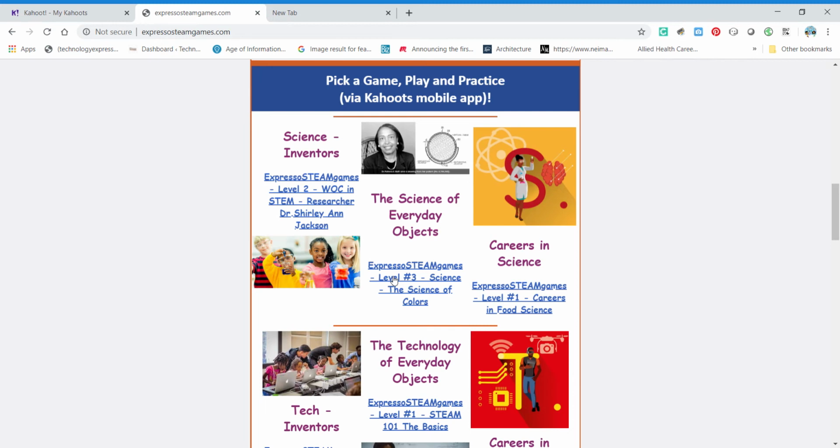But the pre-K, parents have had to be creative to find things to keep them occupied. And this is one of the ways that parents have taken advantage of the Kahoots platform and our library of games for the pre-K. So a new newsletter will be coming out, and it will focus on our new pre-K games that we've launched just this week.